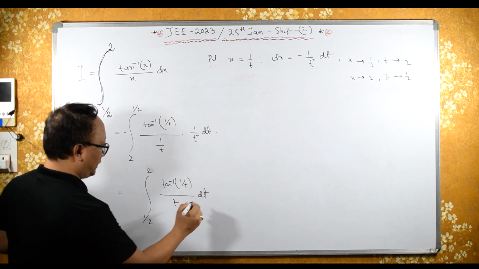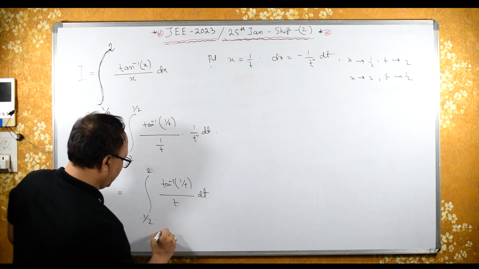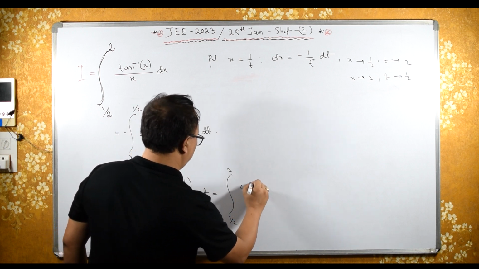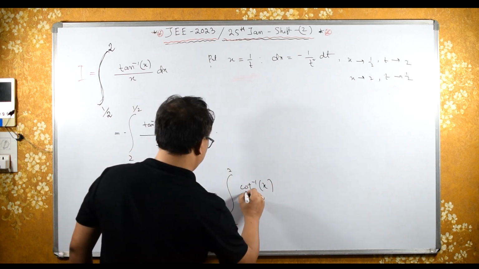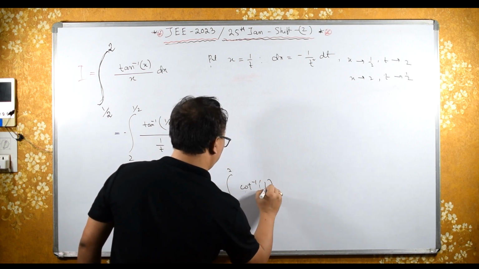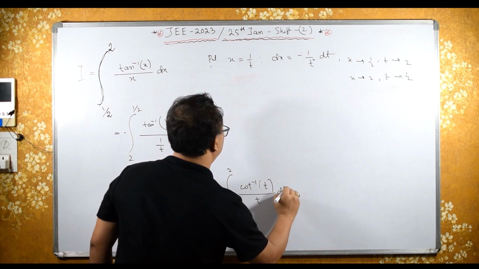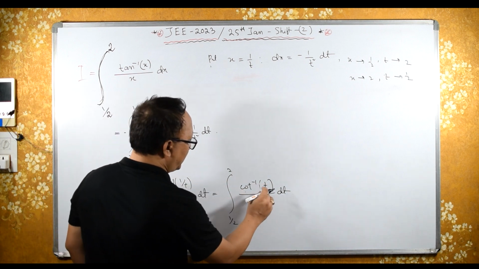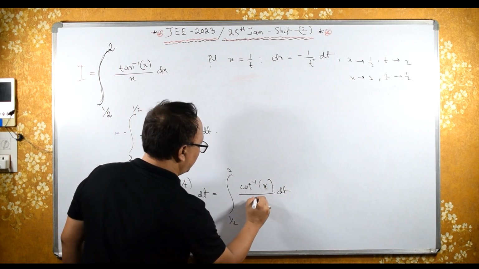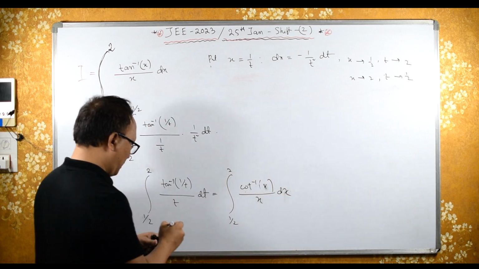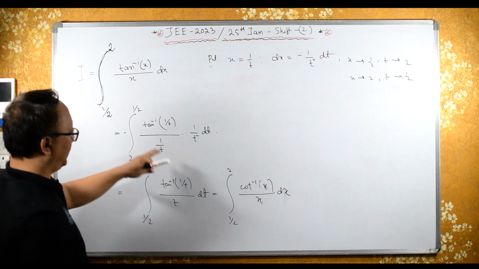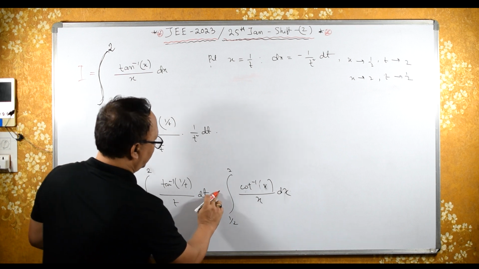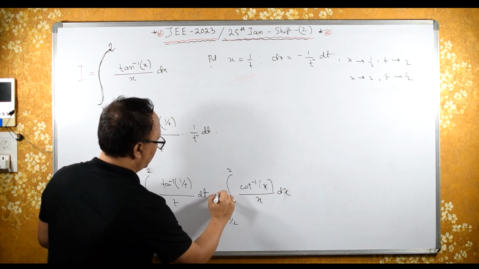So this is the same as integral from half to 2 of cot inverse t upon t dt. Since it is a definite integral, if it is x also, or dx also, no problem. Therefore this and this are the same, so this implies I equals this.